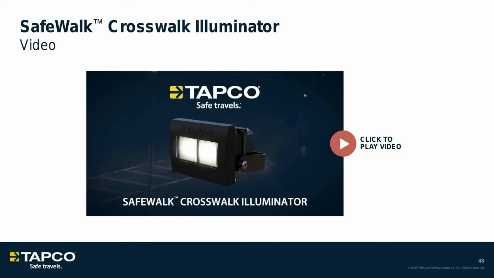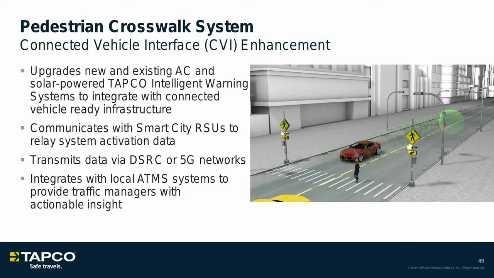Getting into some of the enhancements that we have. We do have connected vehicle interface enhancements, so we have the ability to connect to our RSUs on the side of the road and then connect to the onboard units in the vehicles. This is just another option to communicate with the smart cities RSUs, DSRCs, 5G networks, and it integrates with all local ATMS systems.